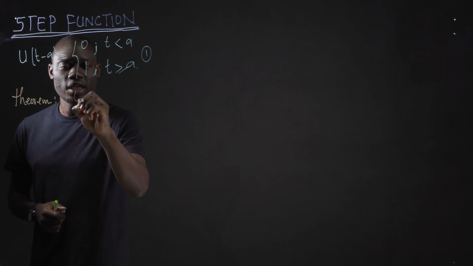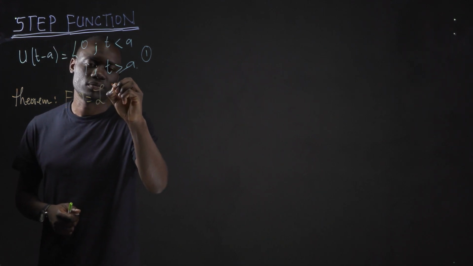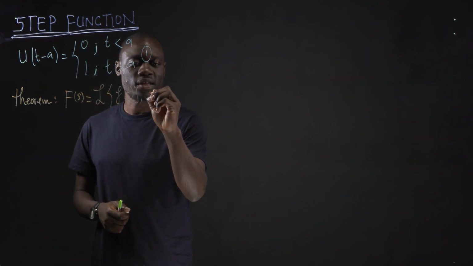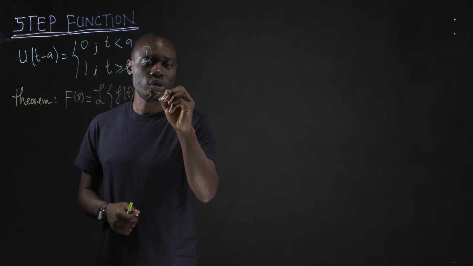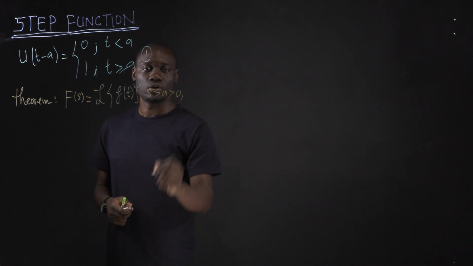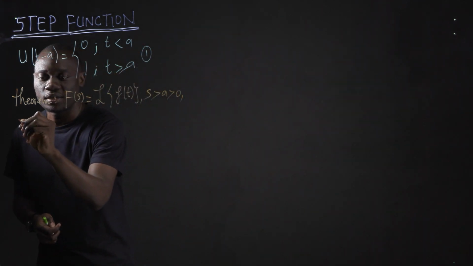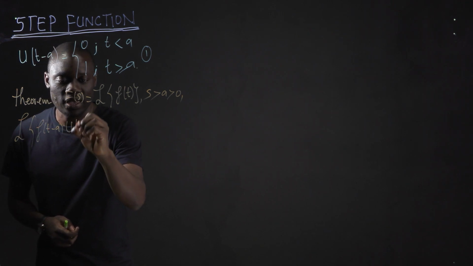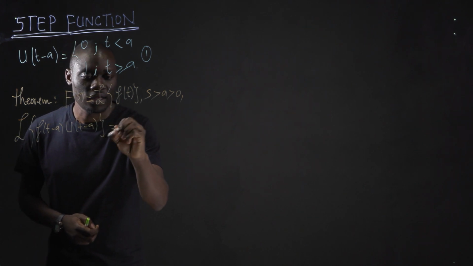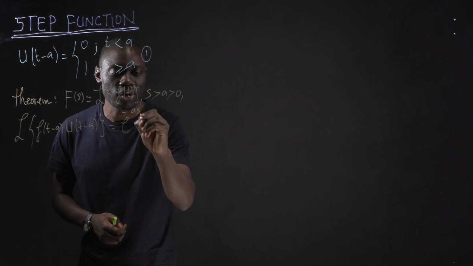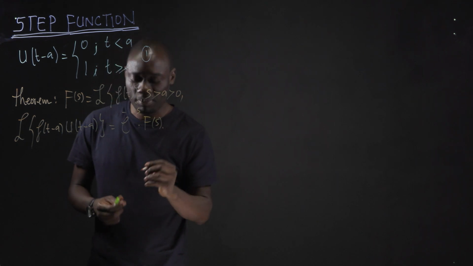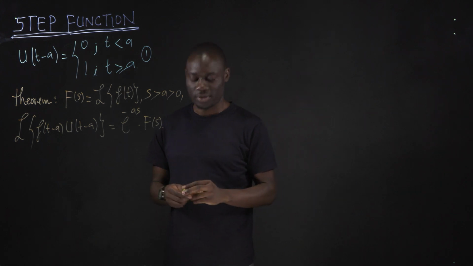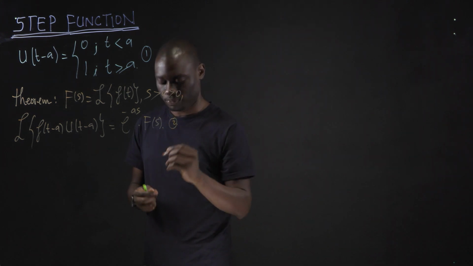If F(s) is the Laplace transform of function f(t), and s is superior to a and superior to 0, then the Laplace transform of f(t minus a) u(t minus a) equals e to the minus as times F(s). Let's call this equation 2.